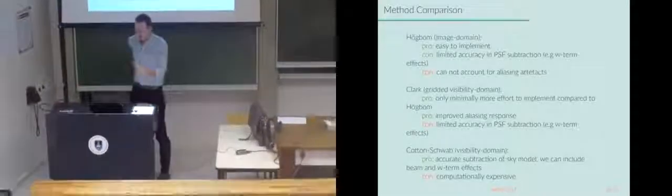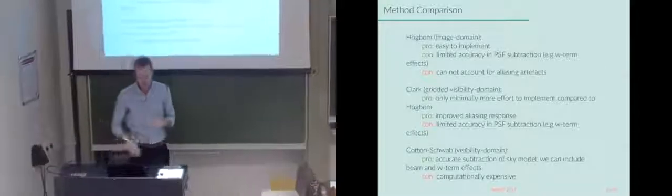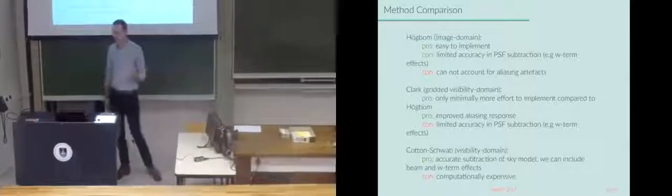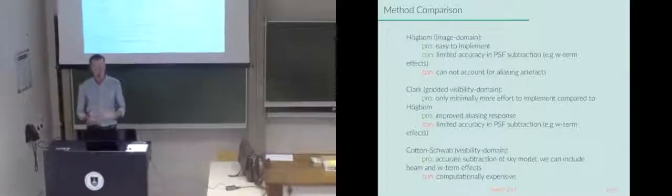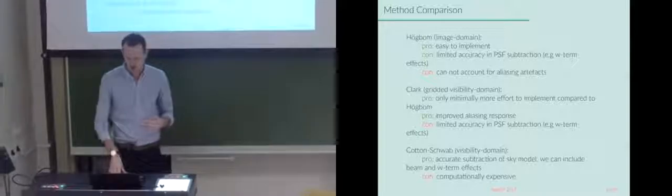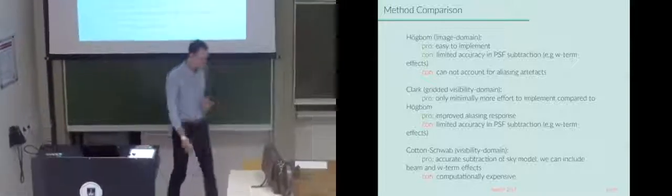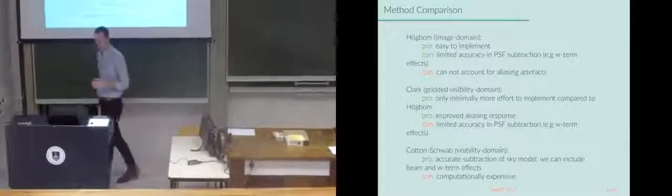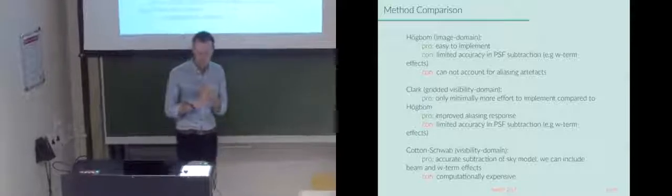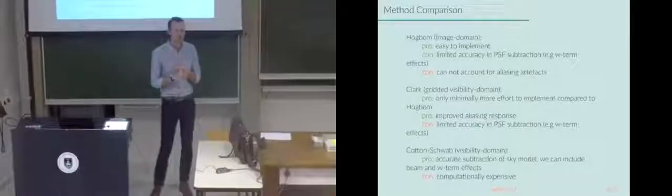And then there's this aliasing factor. It's an aliasing artifact that Josh kind of mentioned. You can make a bigger PSF. You can, but typically most imagers produce a PSF that's the same size as the image, but you can make it bigger. So for Clark, it's only a little bit harder to write. For both the Högbom and Clark, there's a Högbom notebook in the book if you want to see how they implement it.